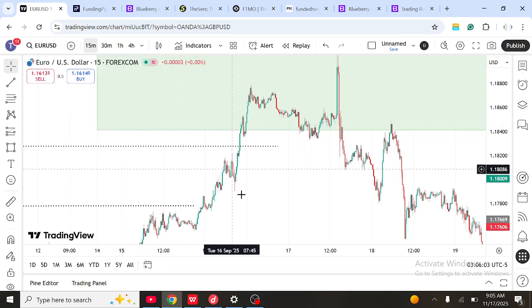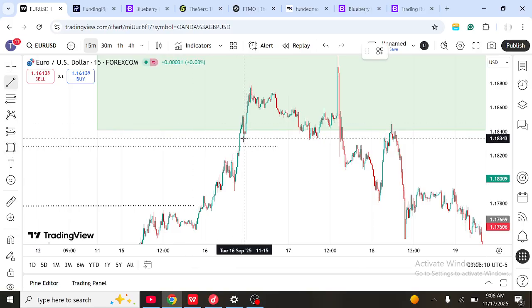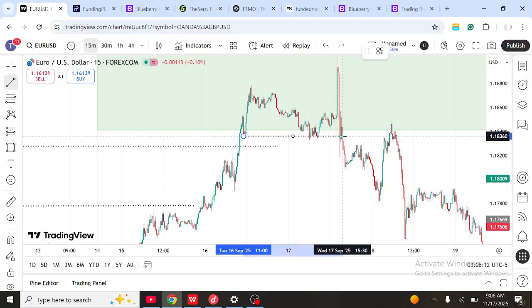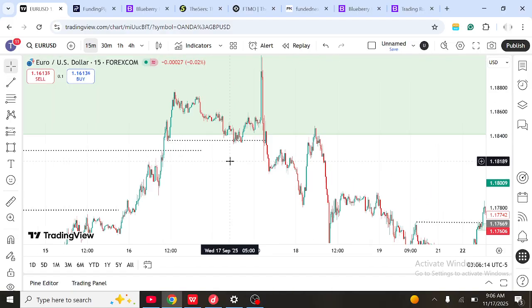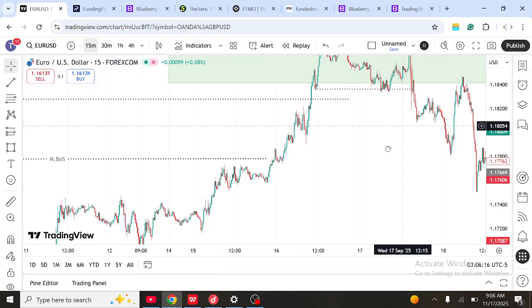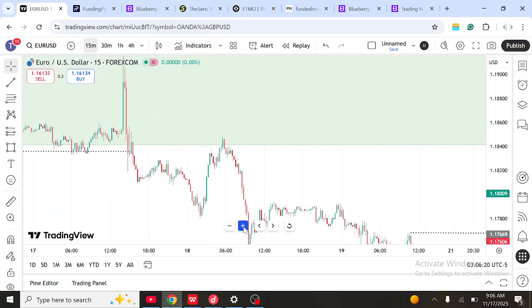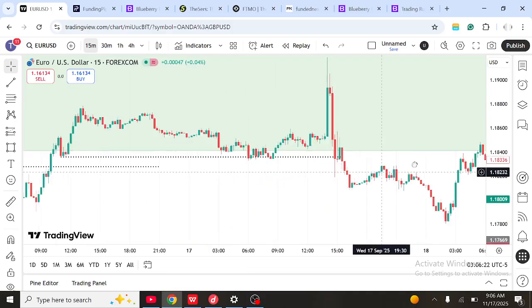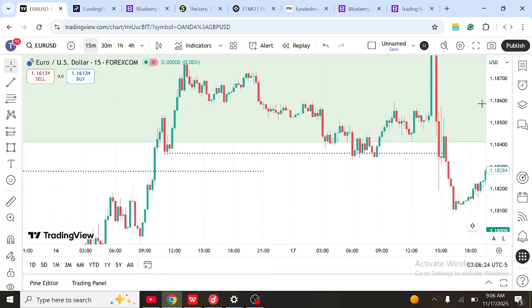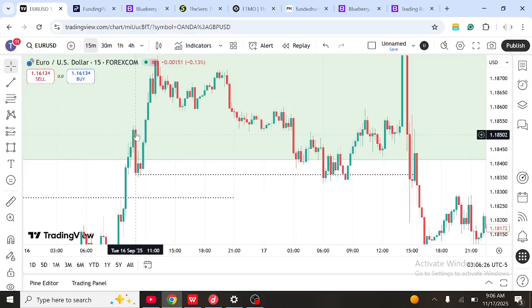So this is high, low, high, low. And then we have, let's check this. So this is the last low that caused a break of structure.